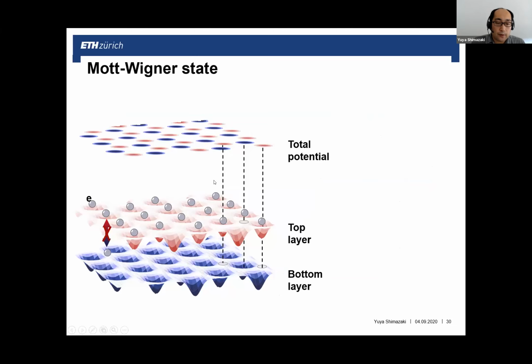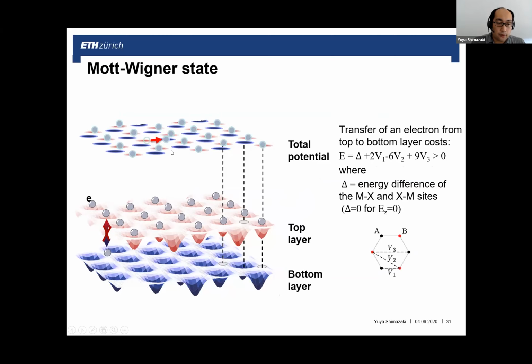So if we fill up this Moire lattice, for example the top layer, the electrons should look like this. It's a triangular lattice, and there is no tunnel coupling between two layers. If we want to move the charge from the top layer to the bottom layer, we have to pay an additional energy cost. We can think of this with a simple model.